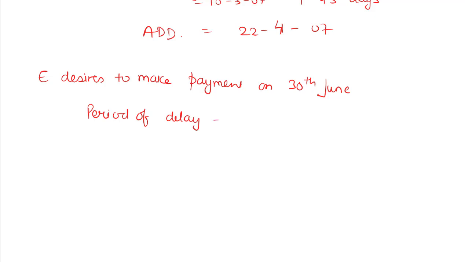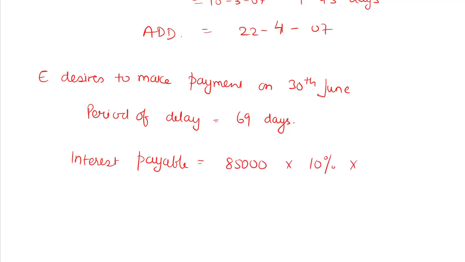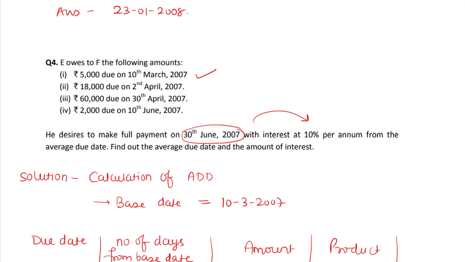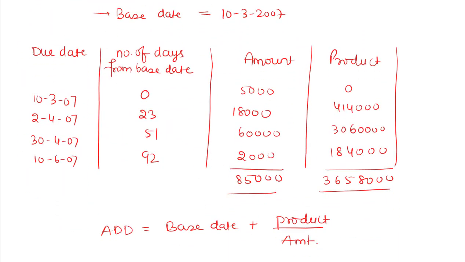Period of delay is 69 days. Interest payable equals 85,000 multiplied by 10% multiplied by 69 upon 365. Calculate it quickly. It is 1607.